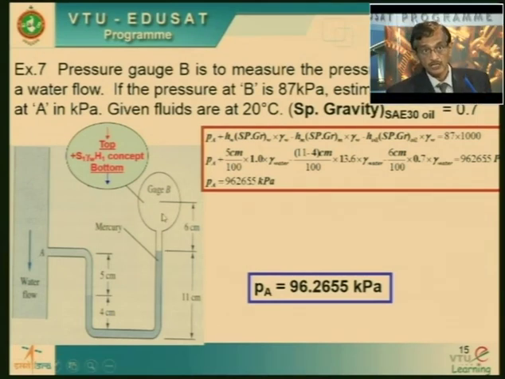Here it is oil again going upwards with a minus sign, 6 centimeter, into specific gravity of the oil 0.7 into 9810, equated to a known value at gauge B.